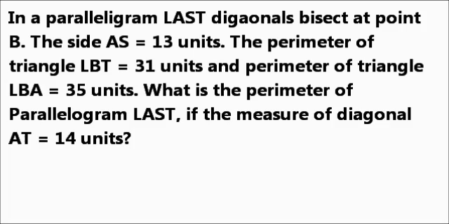In a parallelogram LAST, the diagonals bisect at point B. It is given that side AS is equal to 13 units. Perimeter of triangle LBT is 31 units, whereas perimeter of triangle LBA is 35 units. What is the perimeter of parallelogram LAST if the measure of diagonal AT is 14 units? Let's draw the parallelogram first.